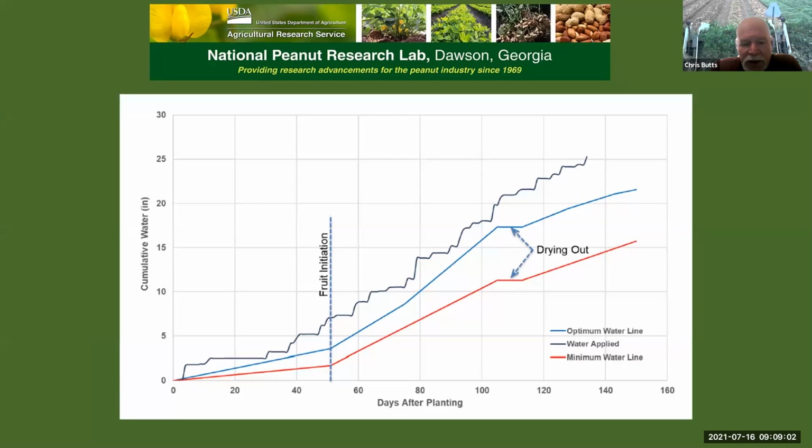You can see from this graph that the slope of the line is very slow up to about 45 to 50 days, or up to that fruit initiation date. And then at that point, the slope of the line, or the daily water use, increases dramatically. These are tied to the phenology of the plant.